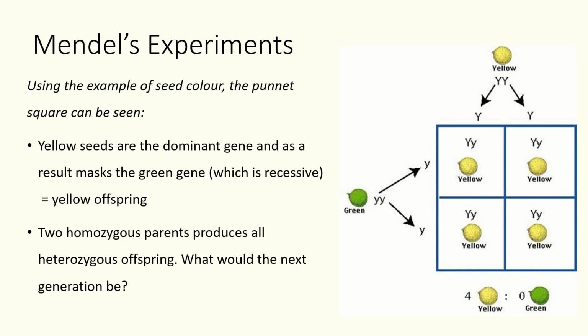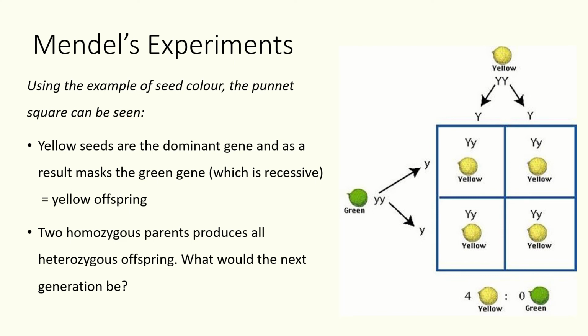So remember, the genotype is the actual alleles, the genes that the individual has, and the phenotype is how it's outwardly expressed. So yellow, big Y, is dominant, and that's represented by the capital letter, whereas green is recessive. So we had little y, that's the recessive allele, and its phenotype is green.